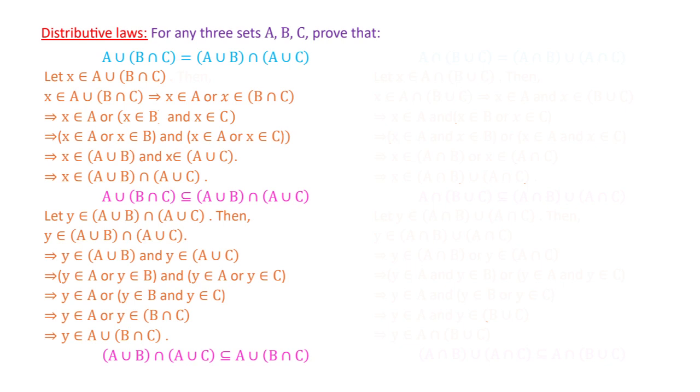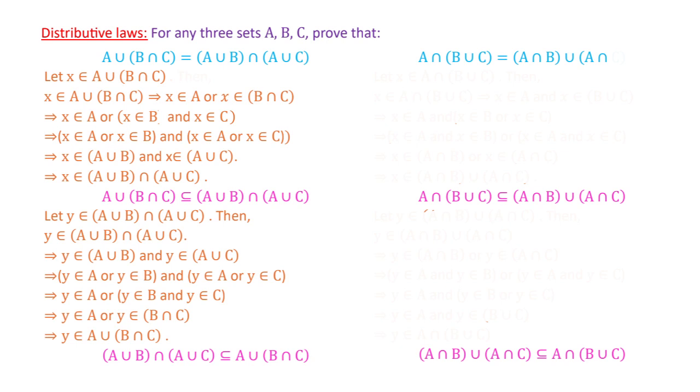So this is the distributive property of union over intersection. We are saying that union is distributed over intersection. Similarly, we can prove that intersection is distributive over union. Again, we have to prove these two results: that one set is a subset of another, and then that the second set is a subset of the first set.